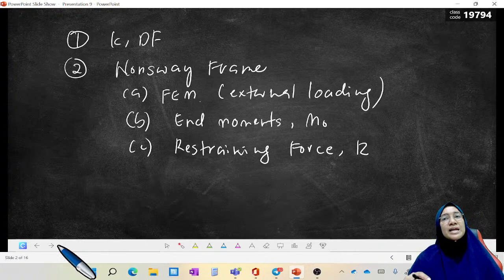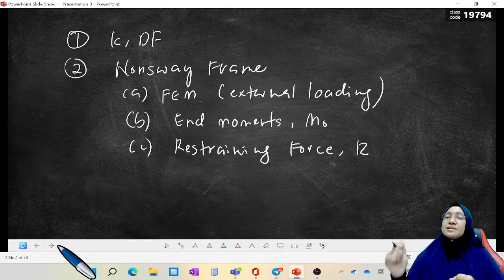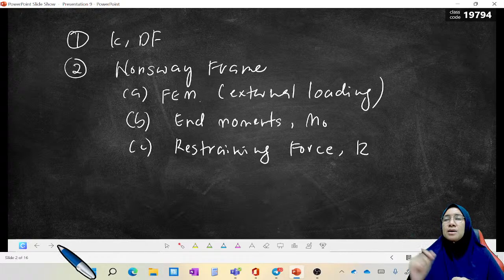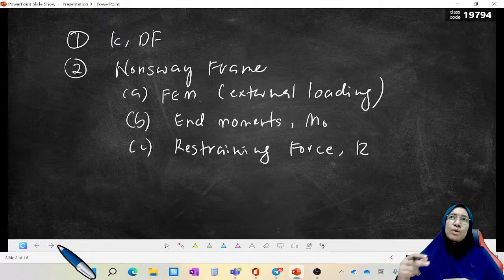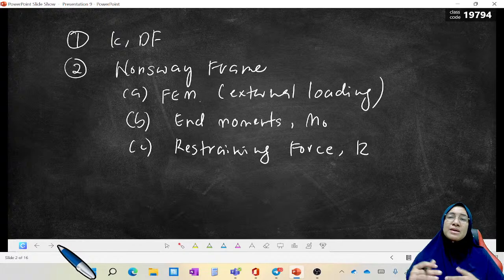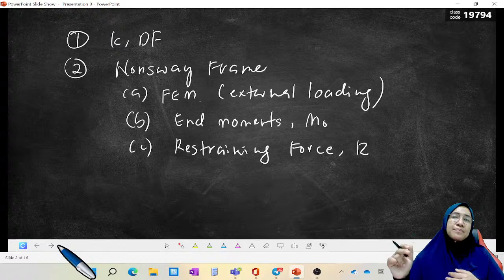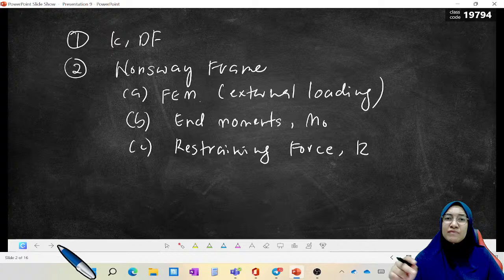Because in frame analysis, we know the external loading, because the external loading is given in the question. When we have to analyze a frame using the moment distribution method, for example, the frame is subjected to a point load at B. The point load is given a value. We can see that in the question.